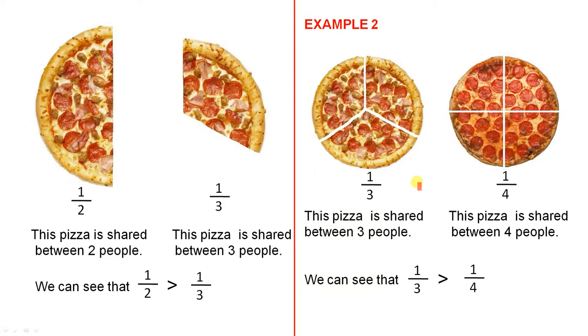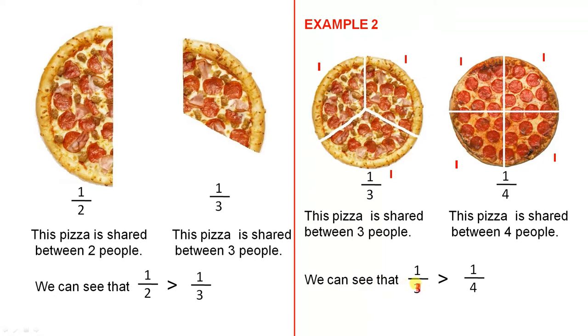Example 2. This pizza is shared between 3 people, like we've just seen. 1, 2, 3. So each person gets one of those slices. This pizza is shared between 4 people. 1, 2, 3, 4.